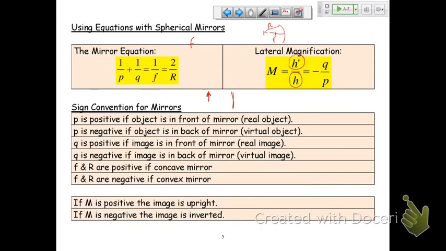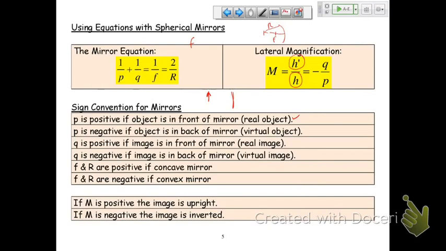Well, that's where I expect the object to be. If it's behind the mirror, it's not very much use, unless it's a virtual object. I can project a virtual object behind a mirror. The light's still coming from the front of the mirror, so it works. But most of the time it's in front. So that's positive, and P is negative if it's the other way around.